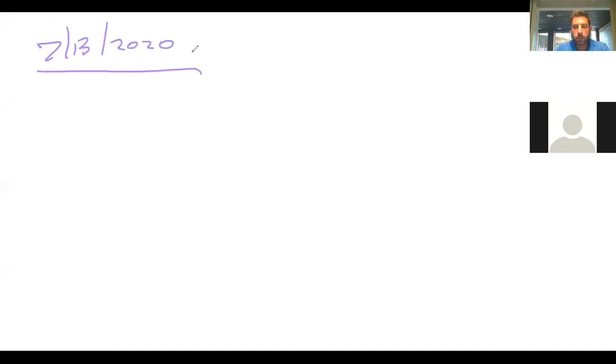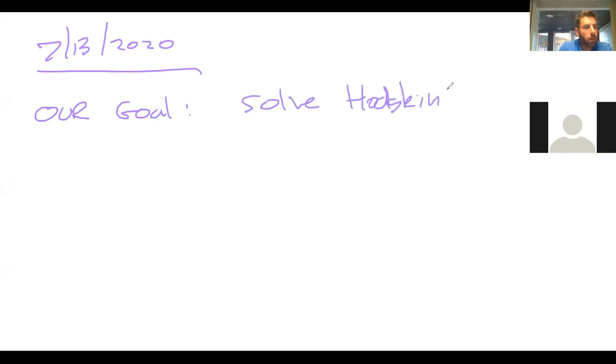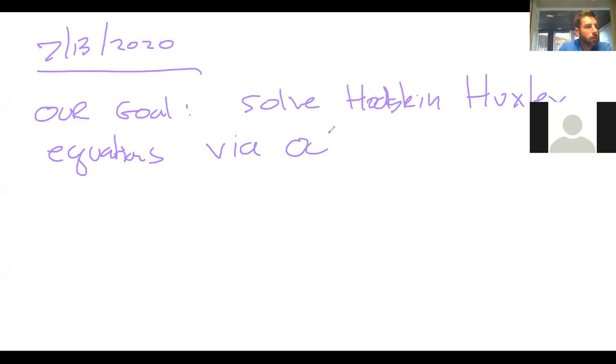So here's our goal: solve the Hodgkin-Huxley equations. Now the problem with these equations is there's 4 of them, and they're 4 differential equations, and you can't solve them by hand.